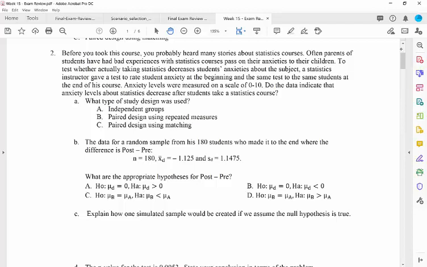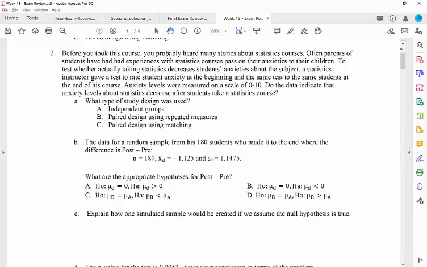To test whether actually taking statistics decreases students' anxiety about the subject, the statistics instructor gave a test to rate student anxiety at the beginning and the same test at the end of this course. Anxiety levels were measured on a scale of 0 to 10. Did the data indicate that the anxiety levels about statistics decrease after students take a statistics course? So does this appear to be a paired study design or independent groups?